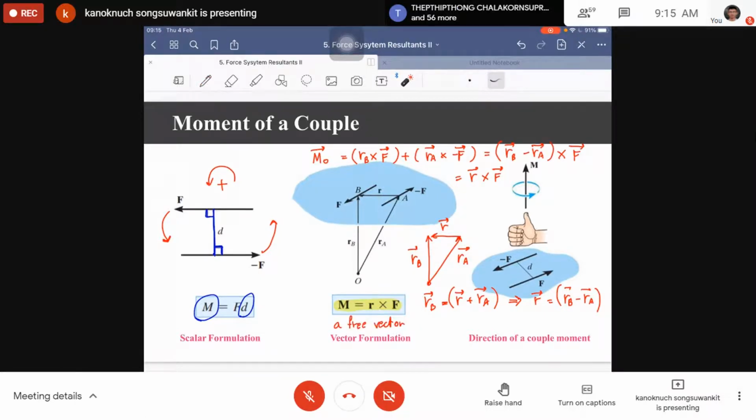It is a free vector because it's not fixed to this point. At first, it is fixed because we use the position vector from O to the line of action of each force. But after we change it into the couple moment, it depends on the direction between these two forces, not the point O. That's why it becomes a free vector.